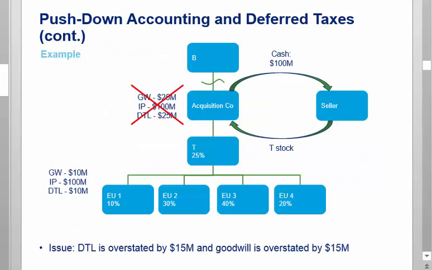So, in my example, if I looked at where the IP really is, if I said, for example, that the IP is all in this jurisdiction, instead of spread amongst the different jurisdictions, my tax rate here is only 10%.